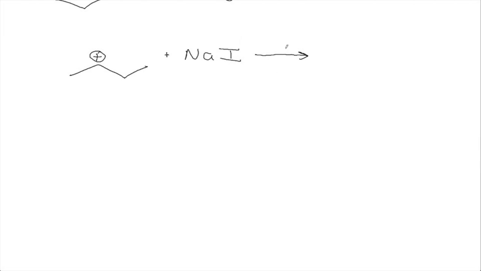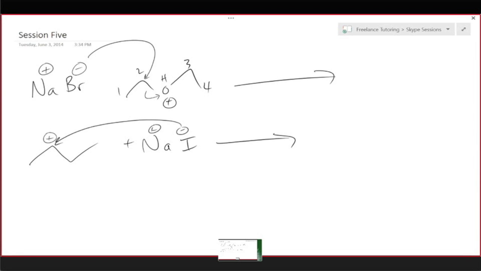So let's try this problem on your screen. In this case, try to put in a complete set of electron pushing arrows. Let's put in some numbers so we can talk about this more easily.